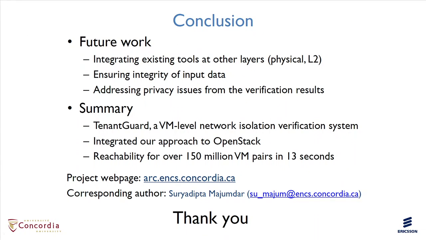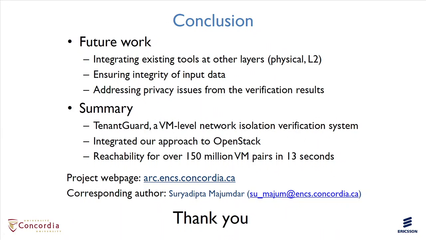So in conclusion, to address some of the limitations of TenantGuard, we intend to integrate TenantGuard with other existing solutions for other layers, such as the physical layer or layer 2, to provide an end-to-end isolation guarantee.